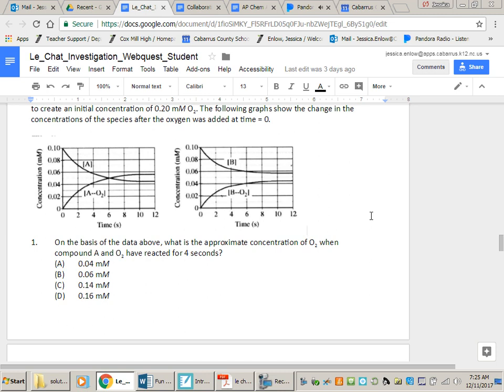Millimoles wise? 0.10 millimolar. What did you have for oxygen initially? 0.2 millimolar. At the end, once equilibrium was achieved, how much do you have of the AO?